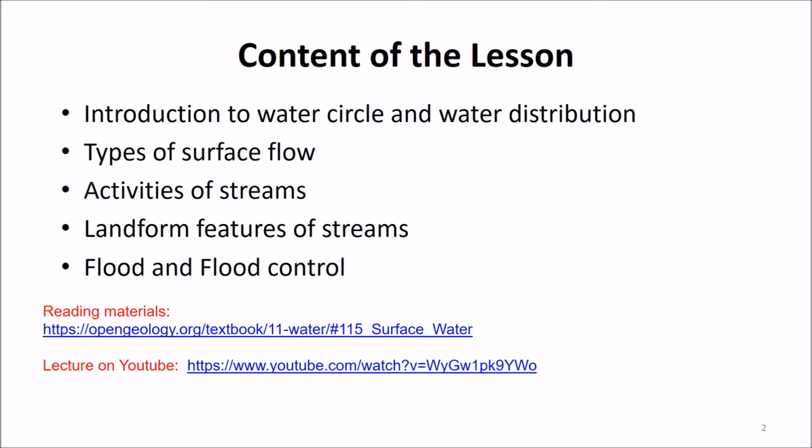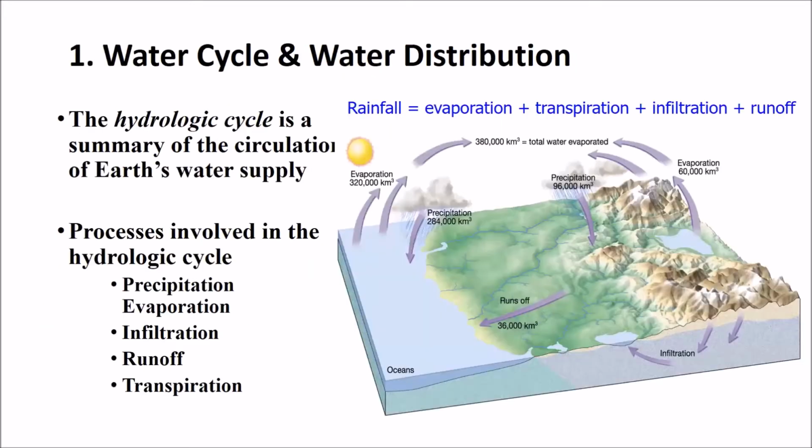Okay. First, we talk about the water cycle on the earth. So like the rock cycle, the water cycle, we talk about how the water travels in the lithosphere and also in the atmosphere.